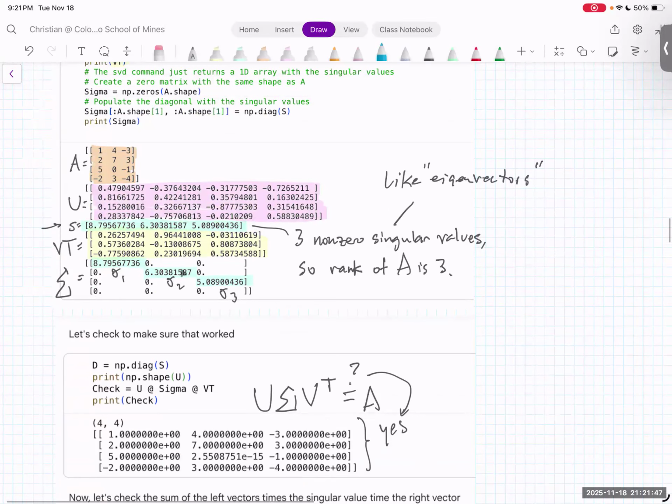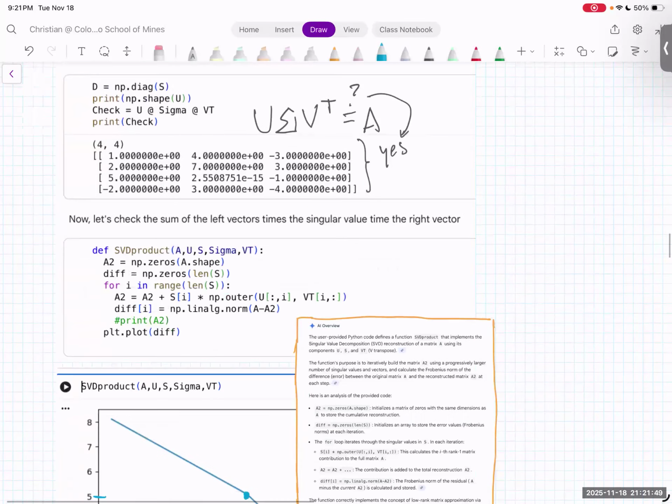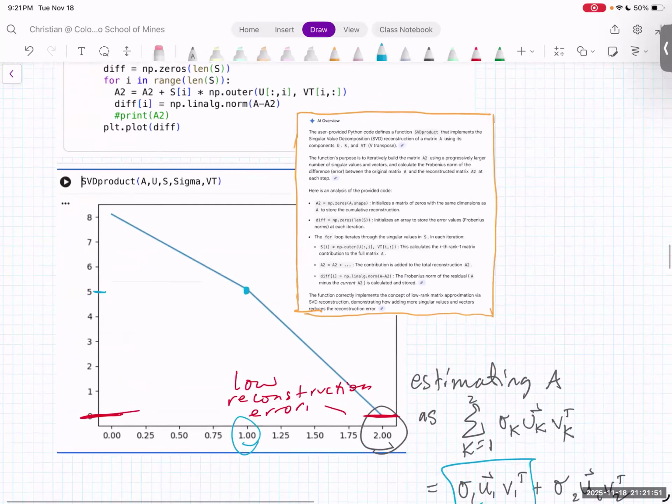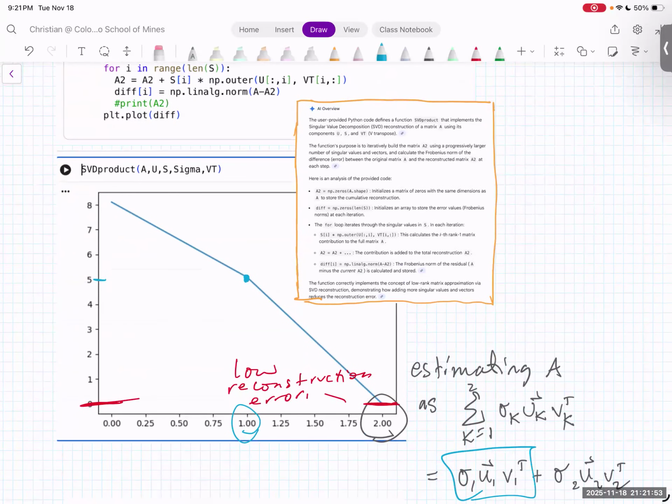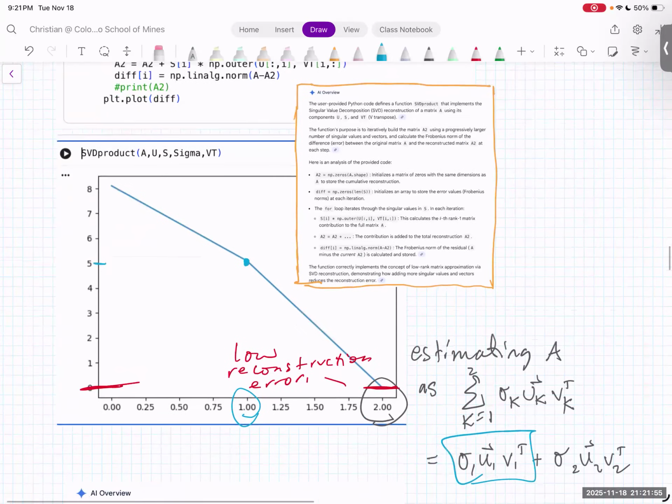If we just use 2 of them, then we get a more simple matrix, and we get a reconstruction error of almost 0. So it's as though we can build a new matrix based on the 2 singular values and get a matrix that is almost representing the same amount of information as matrix A is representing. That's what that code is doing for you.